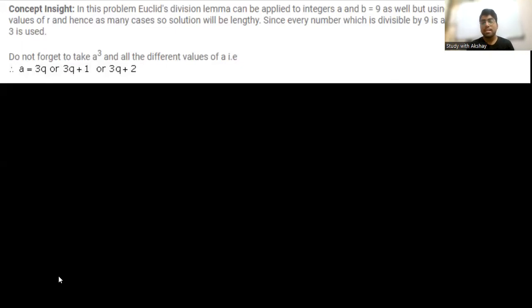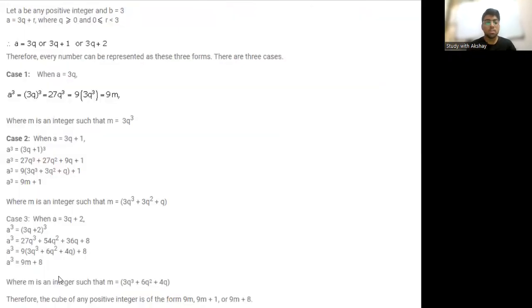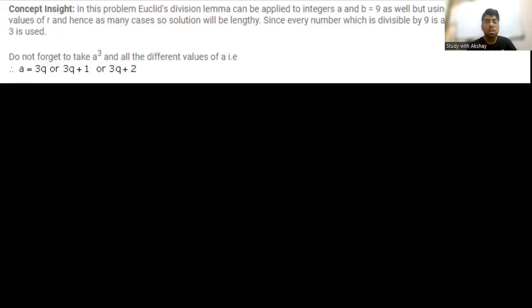So it's a clue over here. If you simply put 9 and go, the solution becomes even more lengthy. So rather put it as 3, and you can cut down a few steps. And do not forget to take a cube and different values of a, you will get it as this. This is for all the cases where you might get the cube of a number.